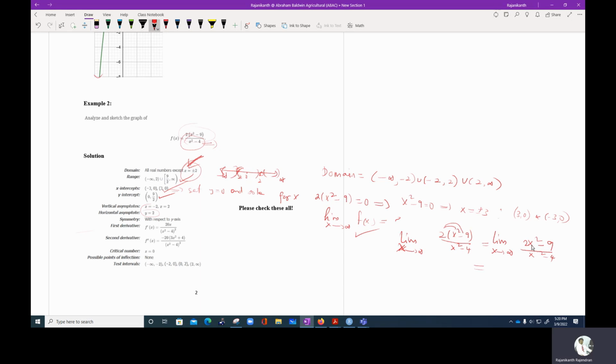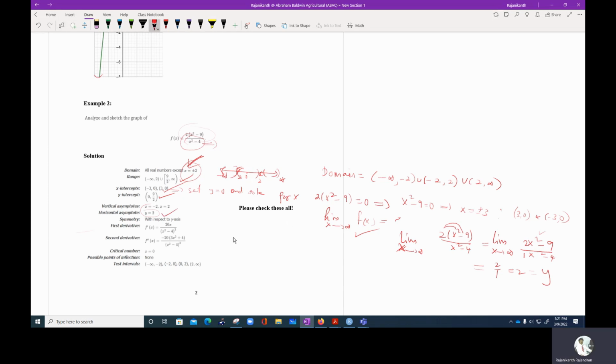If you see the same degree in the numerator and the denominator, 2 and 2, then the limit at infinity is nothing but the ratio of the leading coefficients, here 2 and 1. So therefore the limit is just 2. This is going to be the horizontal asymptote, y is equal to 2. That's why you have that.